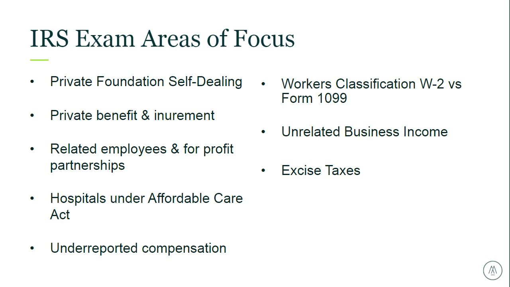But the newer items are the excise taxes on excess compensation, hospitals under the Affordable Care Act, which has always been a hot topic ever since probably at least 10 to 12 years ago, and then underreported compensation and related employees and for-profit partnerships. So looking at the different relationships, compensation, unrelated business income, UBI, and worker classification have been hot topics ever since I've been in public accounting. So pretty common areas, but those are the areas that they're still focusing on.